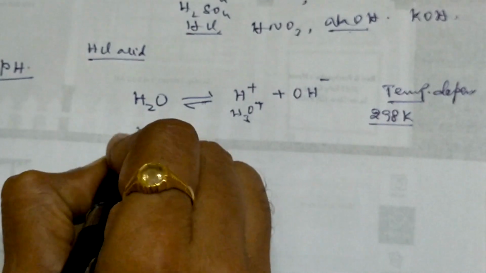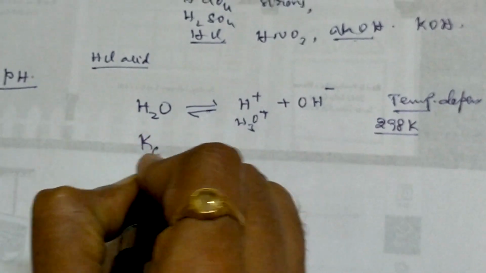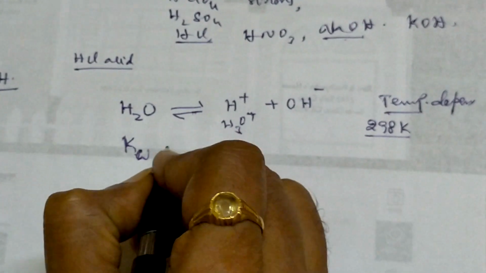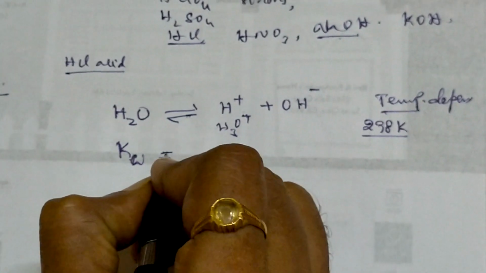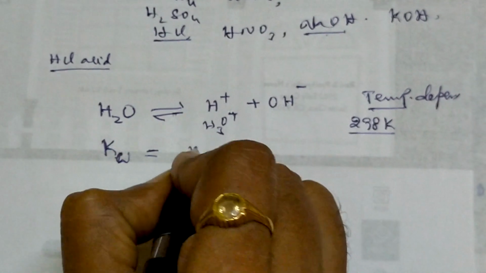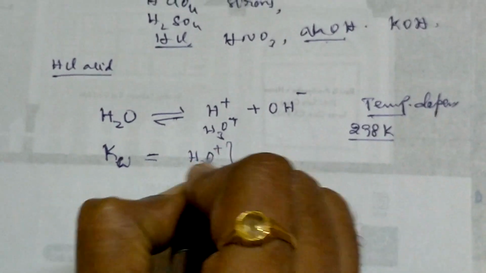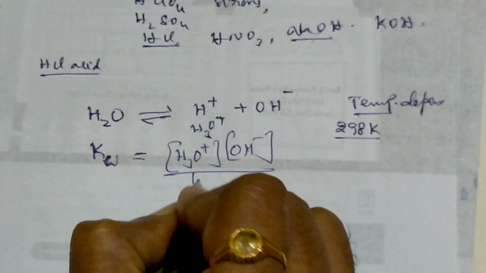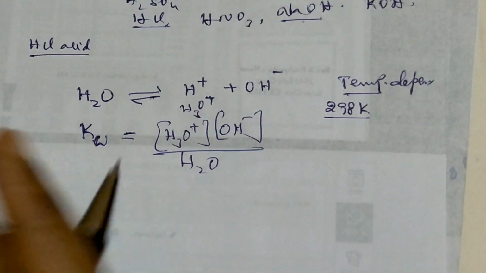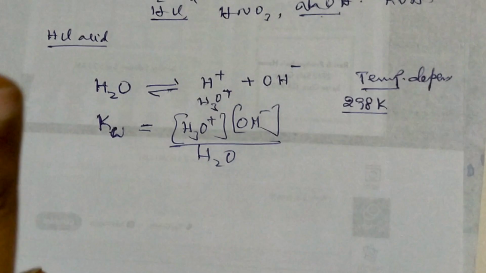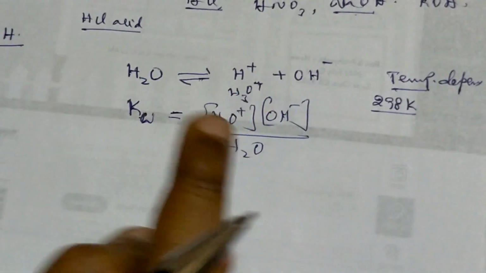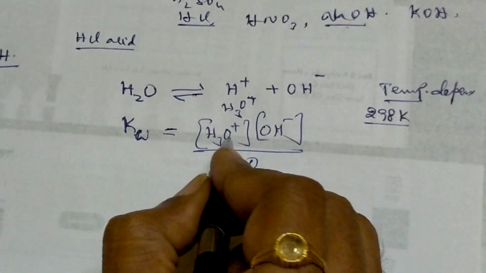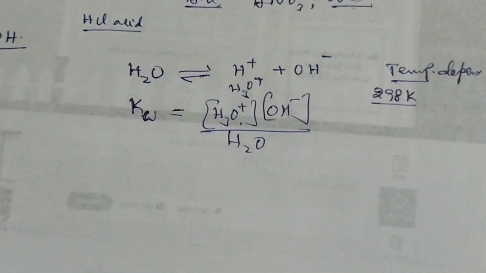As usual we write the equilibrium constant Kc, here it is Kw, the equilibrium constant of water, equal to H plus or H3O plus concentration into OH minus concentration by H2O. Because H2O is a liquid at very high concentration, it is taken as 1 and omitted. So Kw is nothing but H plus into OH minus.